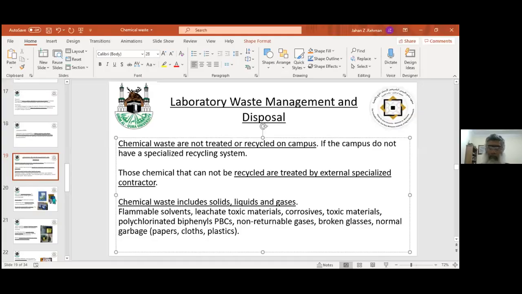I'm talking about the recycling of the chemicals, that there are some external agencies or external companies which are expert in recycling and treatment, and they have a proper facility for the treatment and recycling of the chemicals. So this is a good practice that you may give these to them to recycle or treat the chemicals.